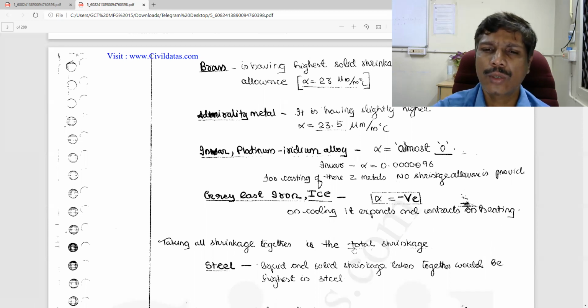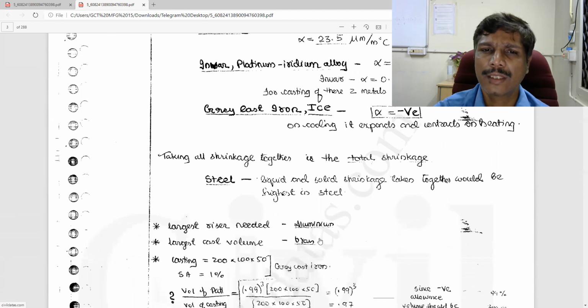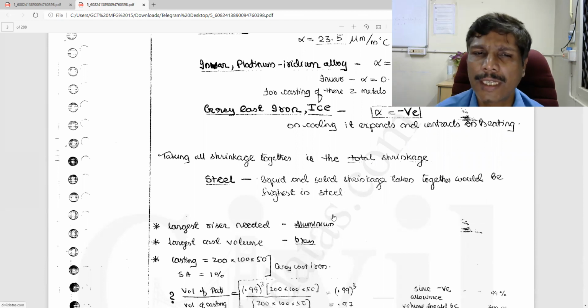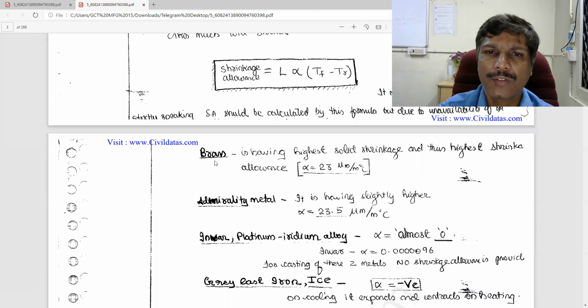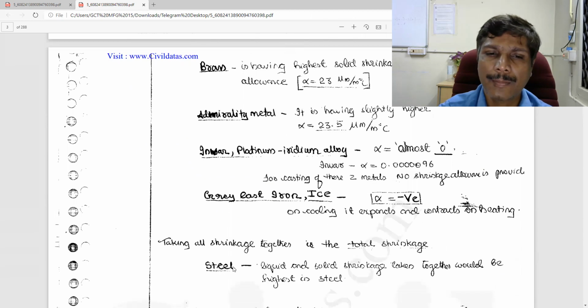Taking all sinkage together, the total sinkage, liquid and solid combined, is highest for steel. These are the specific points for sinkage. Brass has the highest solid sinkage, and combined, steel has the highest sinkage.